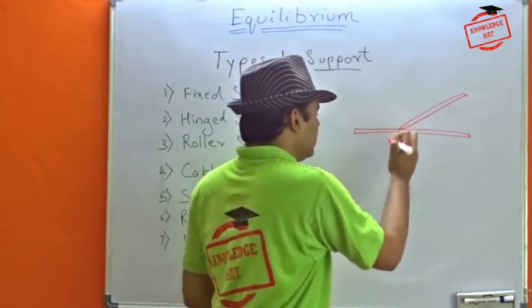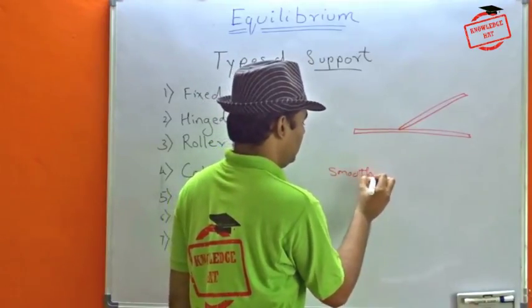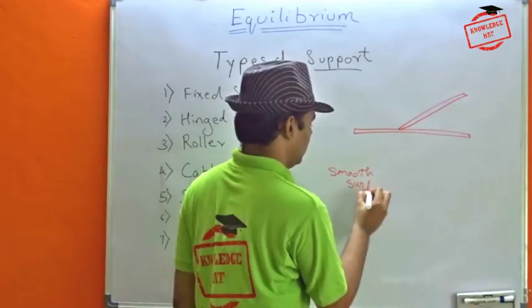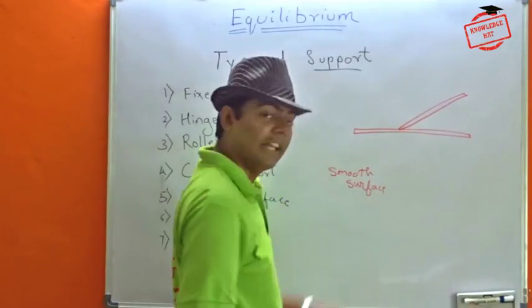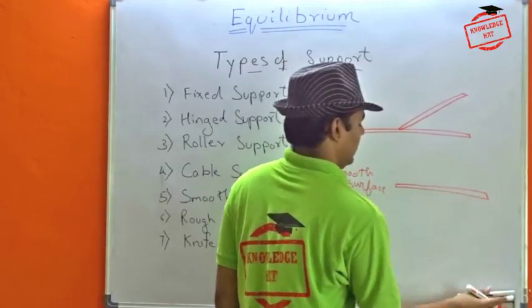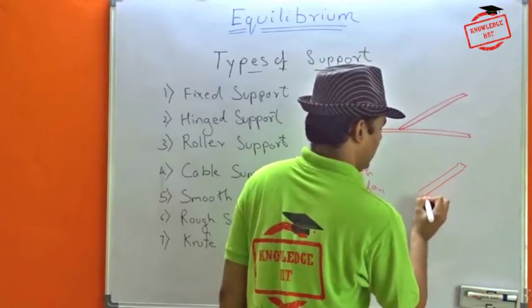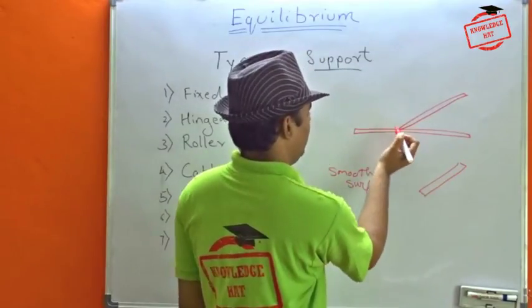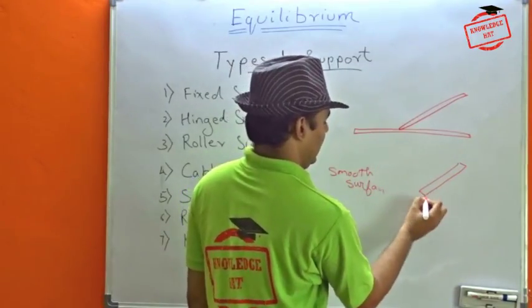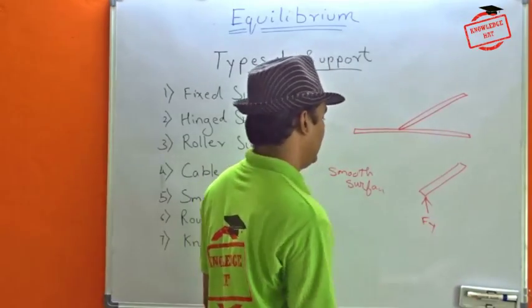If it is a smooth surface, there will be only one force acting on this beam, in vertical direction and given by F1.